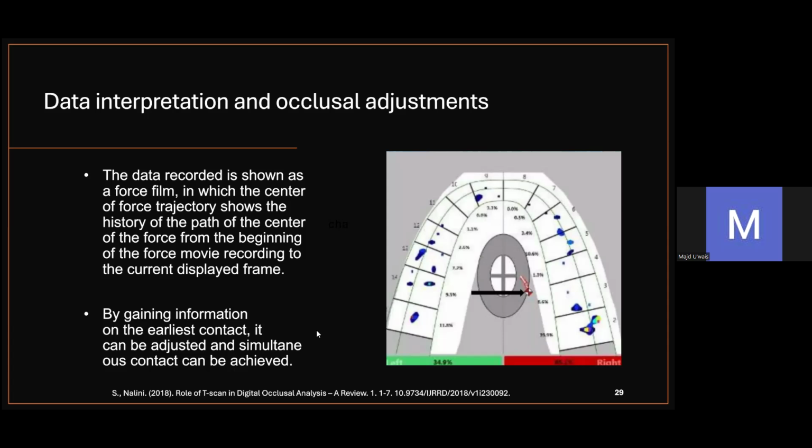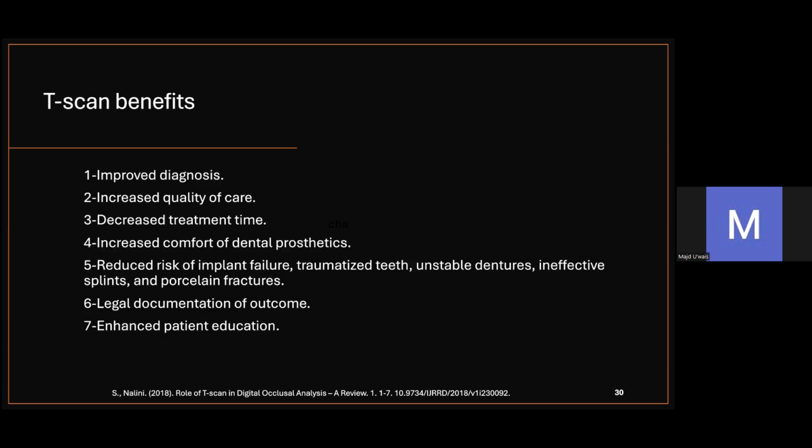So by gaining information on the earliest contact, it can be adjusted and simultaneous contact can be achieved, using, of course, the occlusal timetable and the graphs.